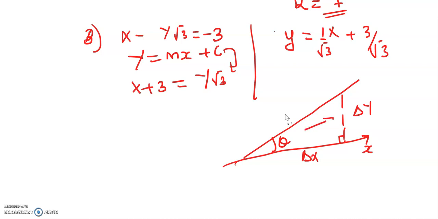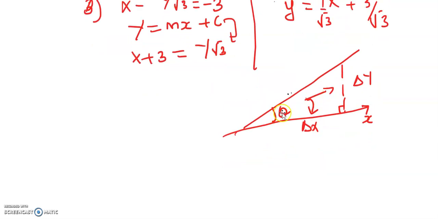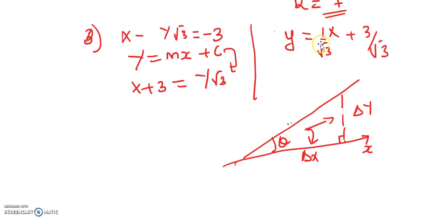So this is opposite over adjacent, which means we are going to use the tan. The tan of the angle means the gradient of that particular line with respect to the x-axis. Now we have the tan of theta, which we are searching for, is equal to 1 over root 3. That is where that relationship comes in.